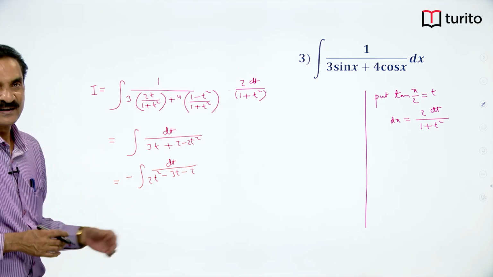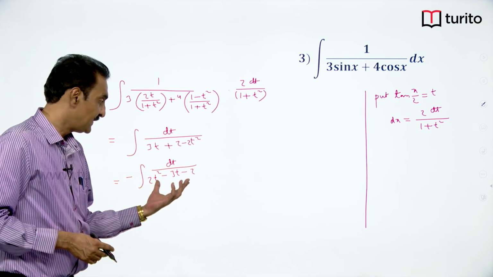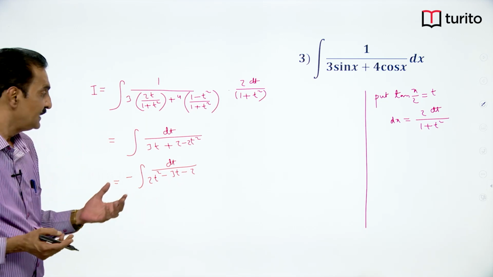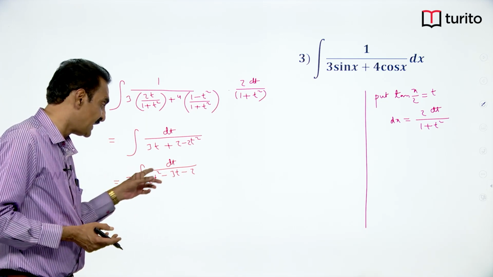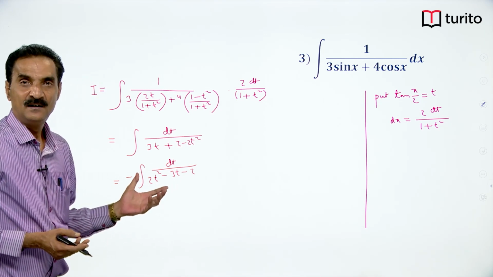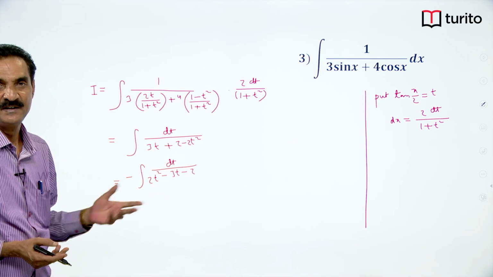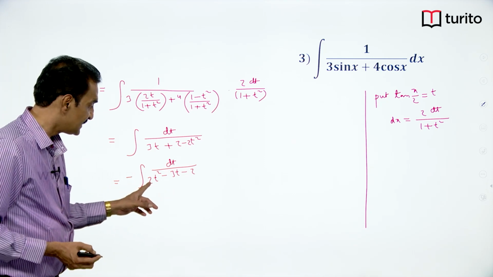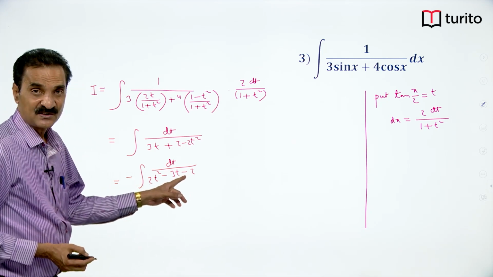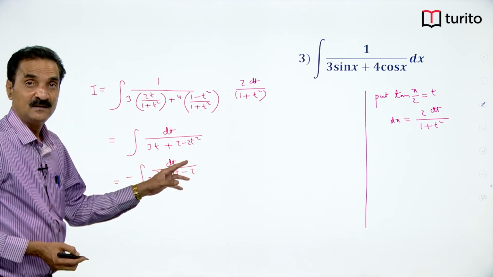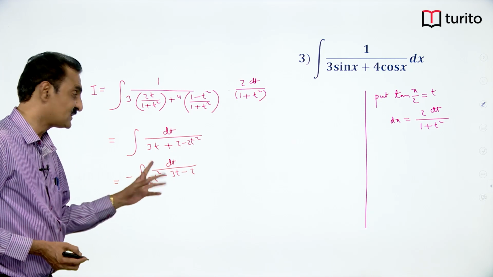First we try to factorize. If it is factorizable, we can resolve into partial fractions and integrate. If it is not factorizable, then we write it as a perfect square and we get 1 by x square plus a square or 1 by x square minus a square, then integrate. First 2 into minus 2 is minus 4, minus 4 is minus 4 into 1, minus 4 plus 1 is minus 3.